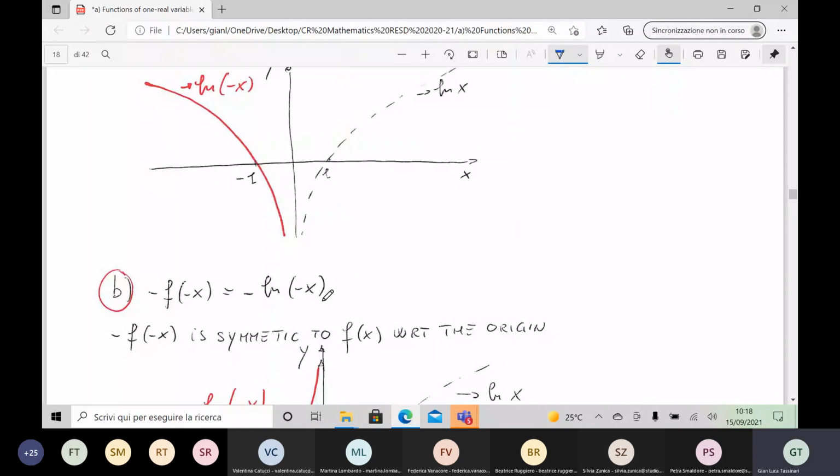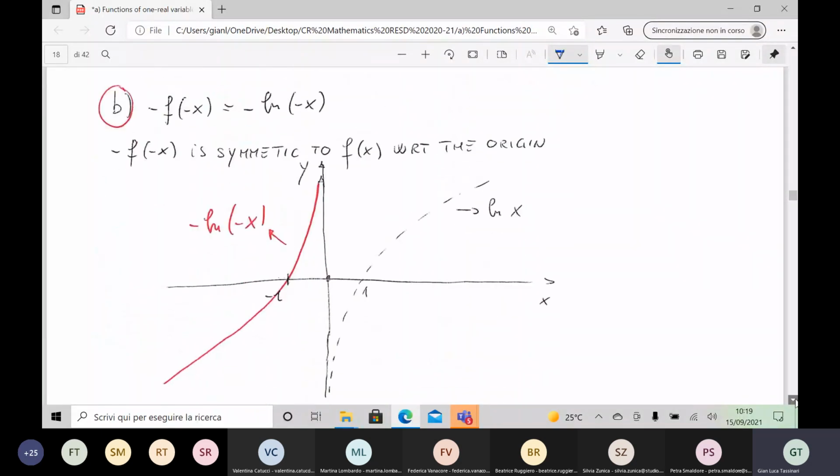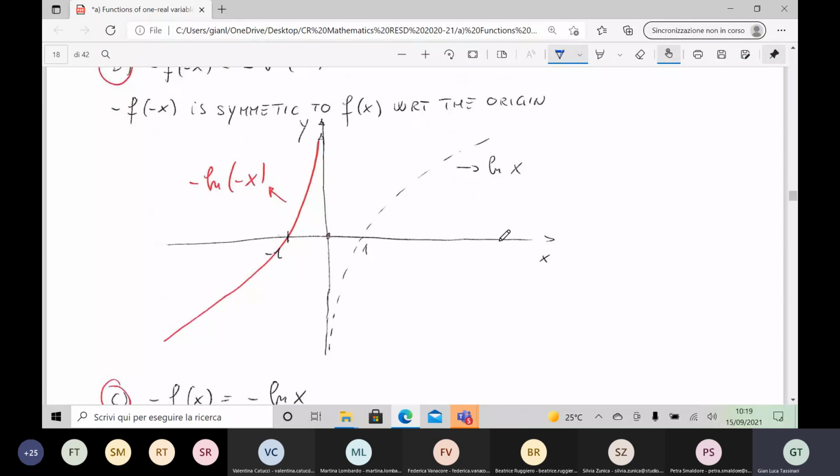So in other terms, what do we expect? The graph of minus f of minus x is the symmetric, with respect to the origin, of the graph of f of x. So we try to do it now. You see, I wrote everything.